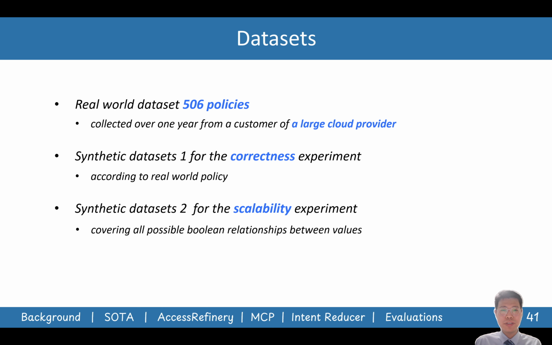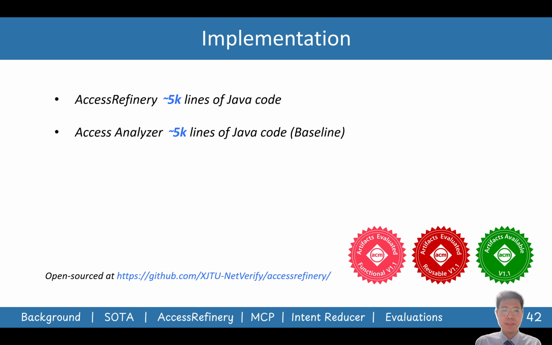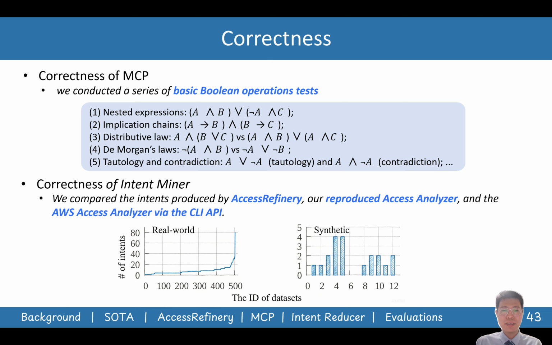In our evaluation, we evaluate our approach on 3 types of policies. For implementation, we open source both AccessRefinery and our implementation of AWS Access Analyzer. All code is publicly available. Next, we conduct a series of basic Boolean operation tests to show the correctness of MCP.